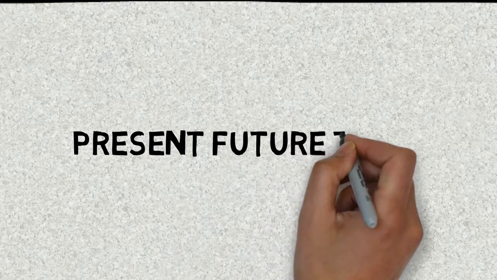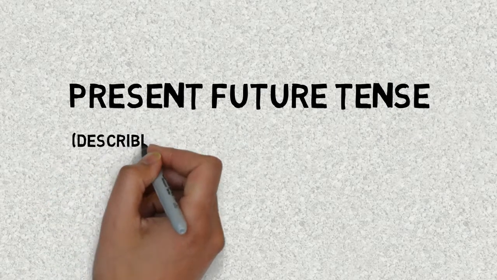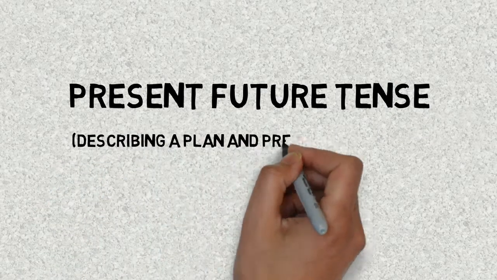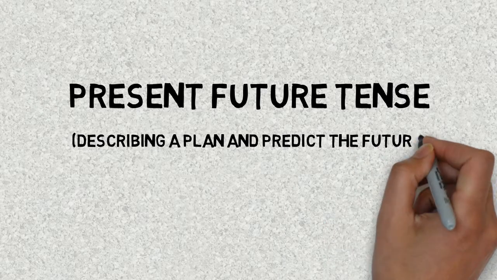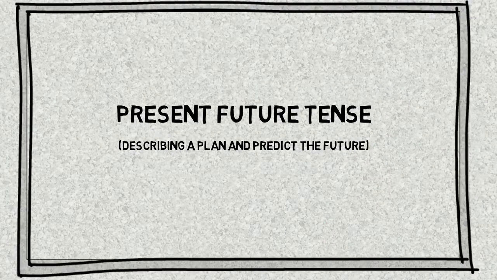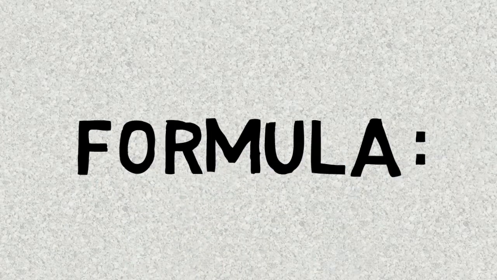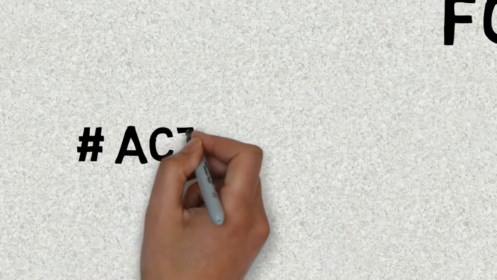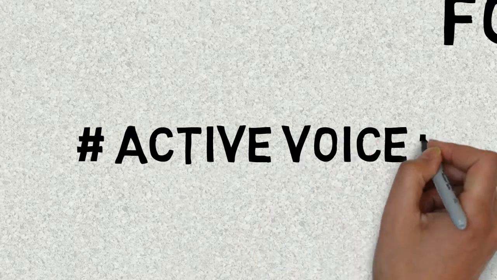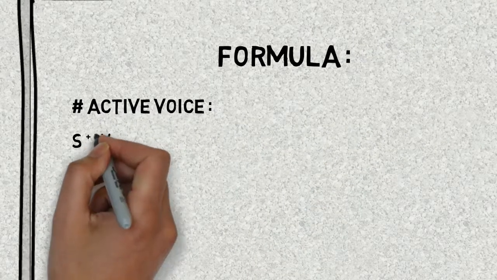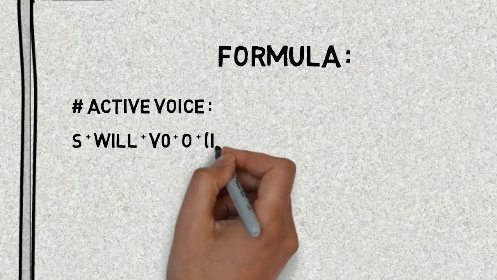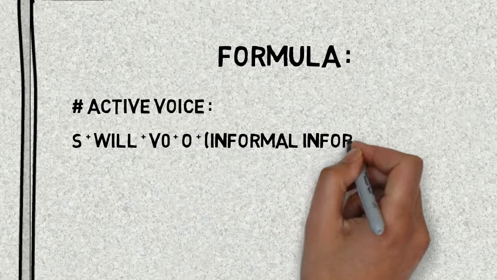Present future tense. This tense is used to describe a plan and predict the future. The formula for the present future tense is, for the active voice, subject plus will plus verb 0 plus object plus informal information.